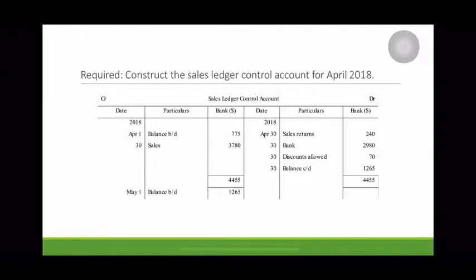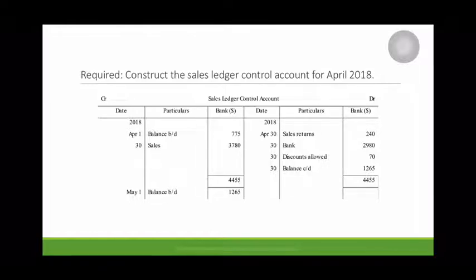This is how a sales ledger control account would look. It looks like a normal T account. It's just that the items included will be the total of each item and not individual items, such as individual sales from each trade receivable, but instead we take the total sales of the period.